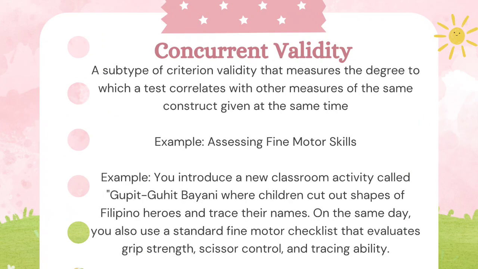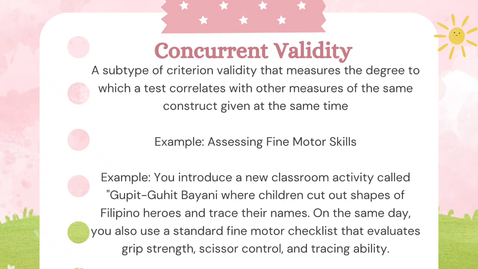And lastly, the concurrent validity, a subtype of criterion validity that measures the degree to which a test correlates with other measures of the same construct given at the same time. Example, assessing fine motor skill, you introduce a new classroom activity called Gupit Guhit Bayani, where children cut out shapes of Filipino heroes and trace their names.